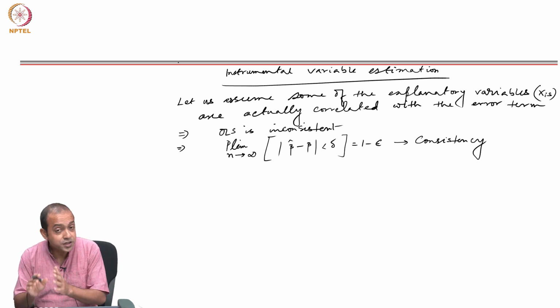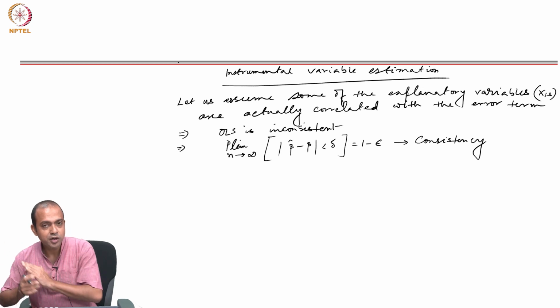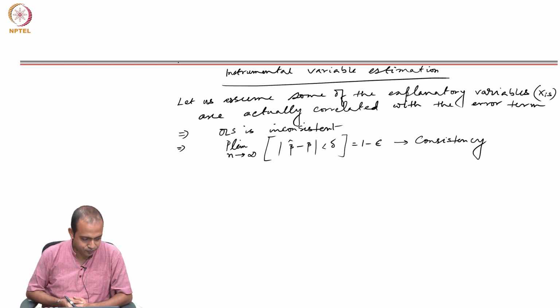And this consistency property will no longer be valid the moment we assume that some of the explanatory variables are actually correlated with the error term.